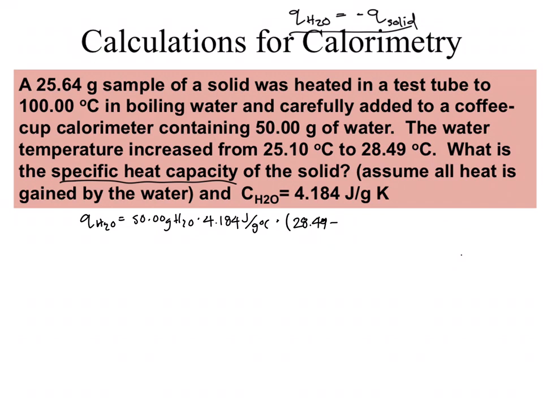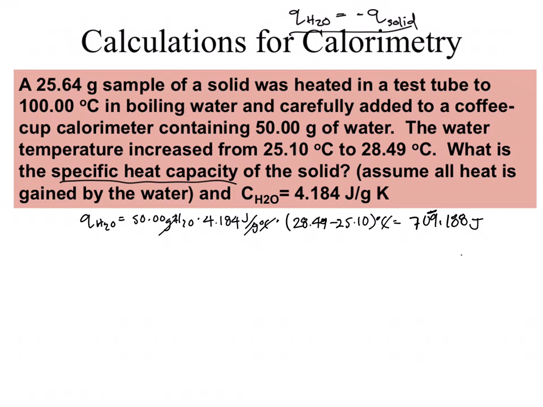So that's our final temperature minus our initial. Okay, and this is going to allow us to figure out the Q of H2O, which is equal to 709.188. Unit evaluation is going to leave us with joules. So this is the Q value associated with H2O. So this is what we've measured directly.